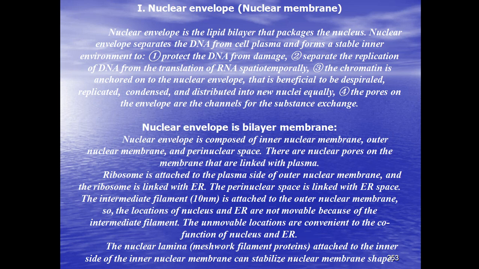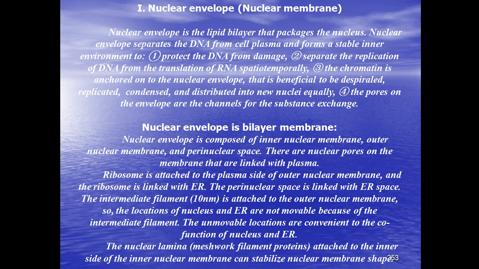The chromatins, in which you can see the DNA, are anchored on the nuclear envelope. Then on the nuclear envelope, there are pores, which are nothing but the channels for the exchange of molecules or substances.